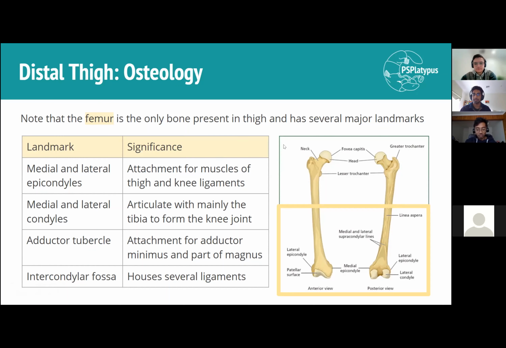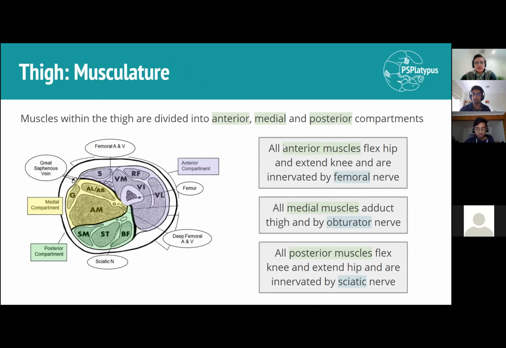That's where you'll see ligaments that are within the knee arise from this sort of fossa. Okay. Now, reviewing the muscles from last week, I'm not going to go into a huge amount of detail, but just to remind you, we've got 3 compartments in the thigh: the anterior, medial, and posterior. They are divided by the deep fascia, or the fascia lata. But the important thing I want you to get out of this is their distinct functions.